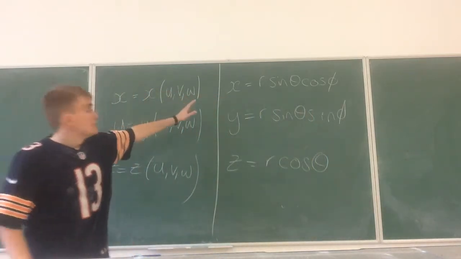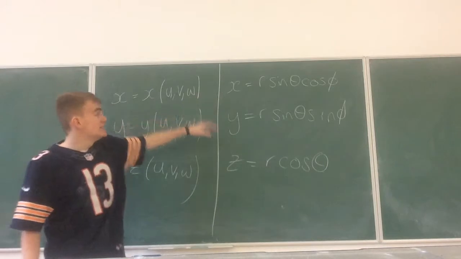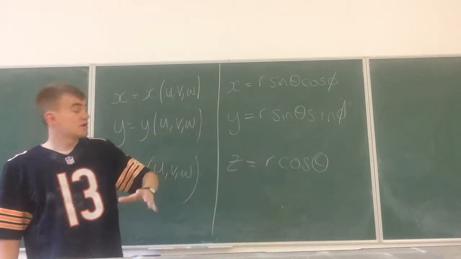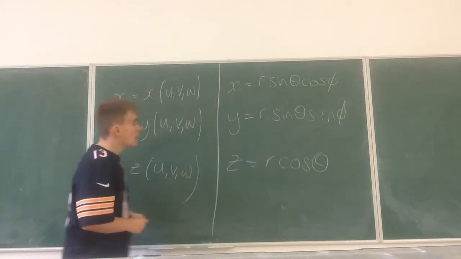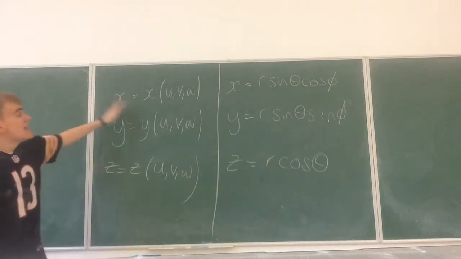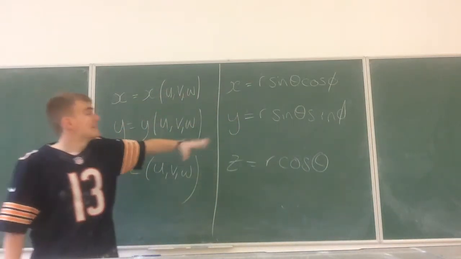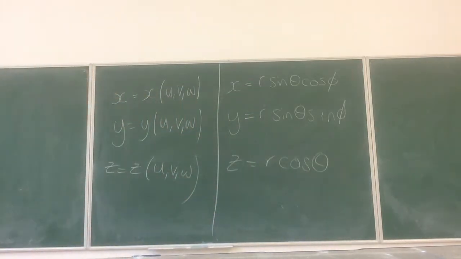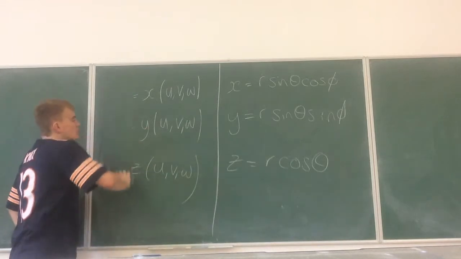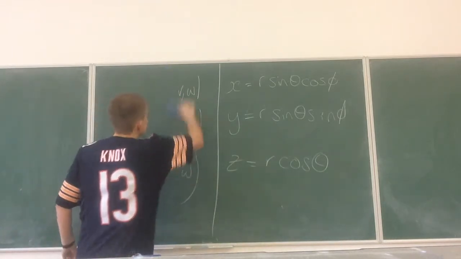But hopefully you should recognise these as the relationships between Cartesian x, y, and z, and spherical polar r, theta, and phi. Okay, so this is all I mean. When we're taking x in terms of u, v, and w, we're just taking x in terms of three new parameters.